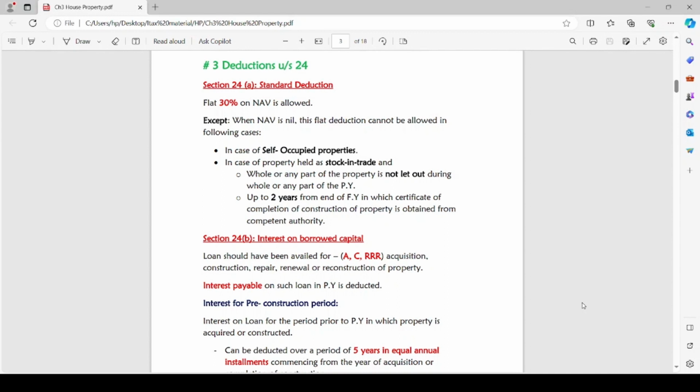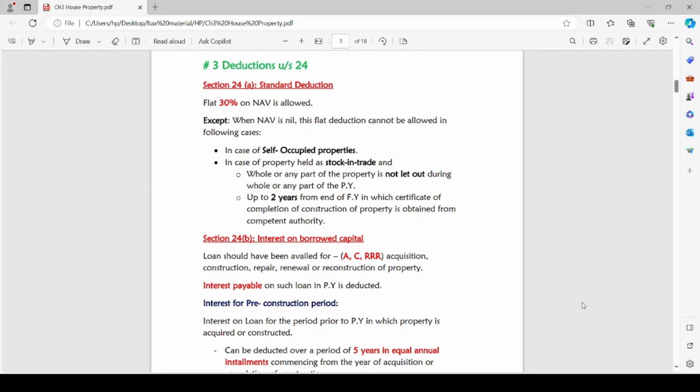Here, in case of the property held as stock in trade, the first condition is the property is held as stock in trade.